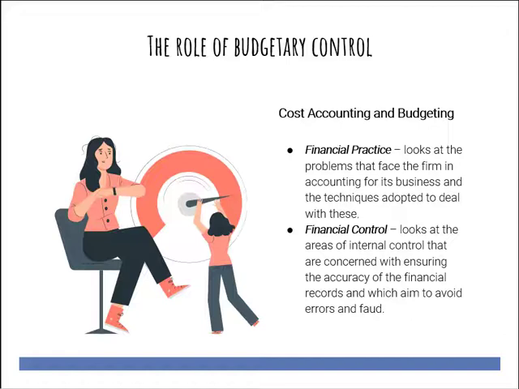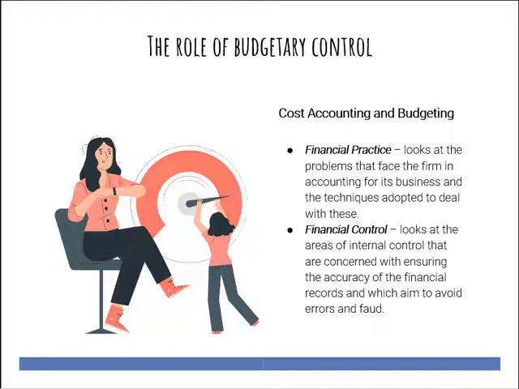Financial practice looks at the problems that face the firm in accounting for its business and the techniques adopted to deal with this. Next is the financial control, which looks at the areas of internal control that are concerned with ensuring the accuracy of the financial records and which aim to avoid errors and fraud.